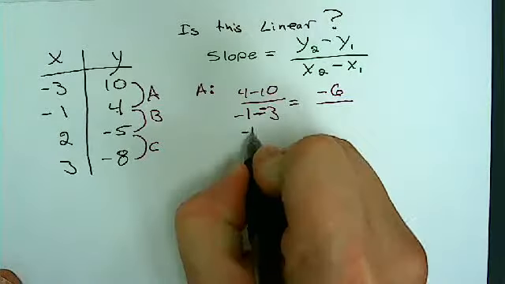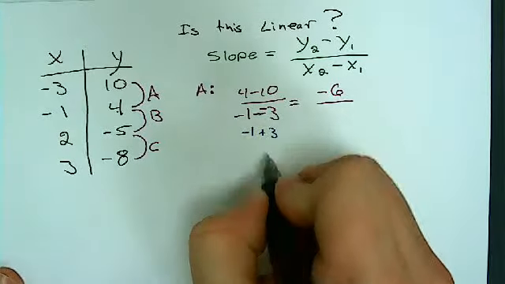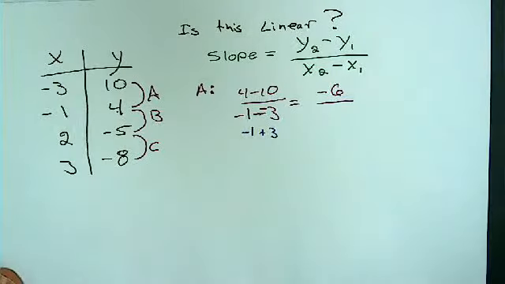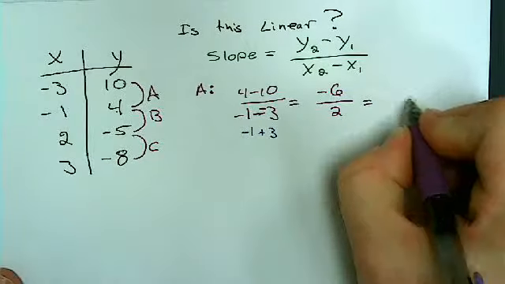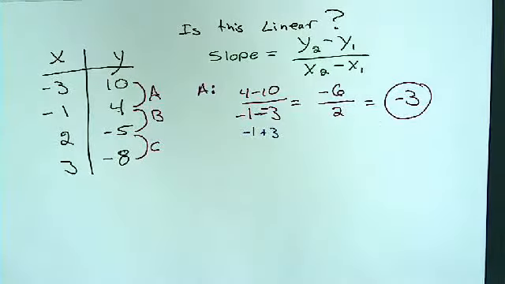That's really -1 plus 3, right? Minus a negative is plus. So -1 plus 3 is positive 2. So this fraction becomes -3. Signed numbers are the hardest part with this.